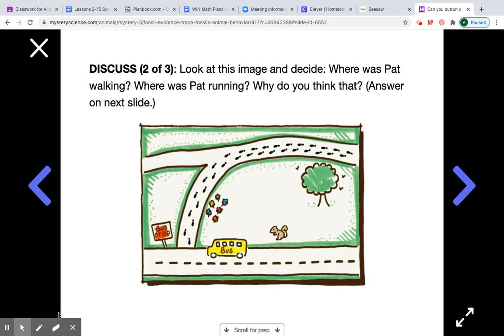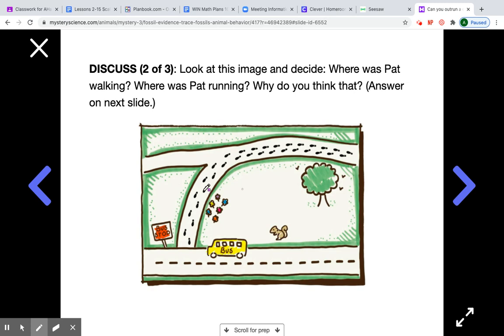Okay, I know this is a little hard for you to see probably, so just do your best to think. Where in this picture was Pat walking and where was Pat running? If you need more time to think, you may hit pause. If you are ready, then you can stay, okay?